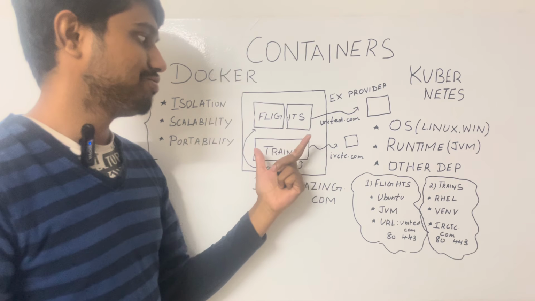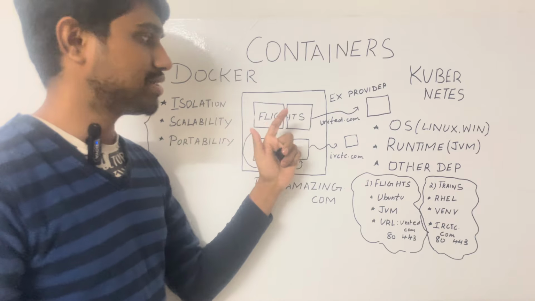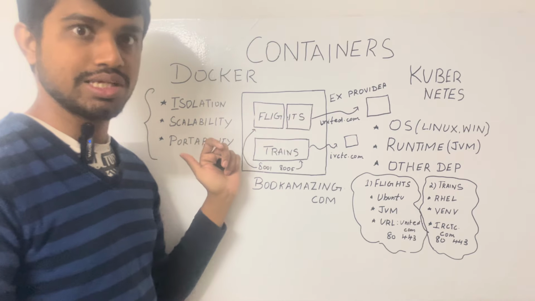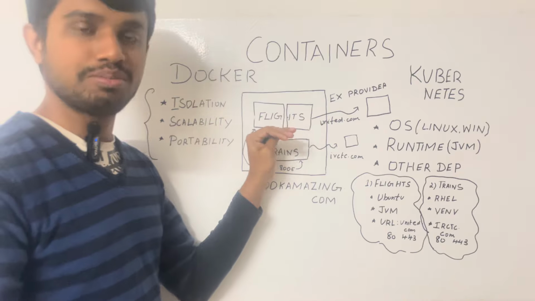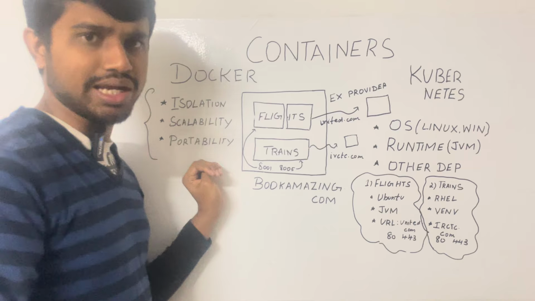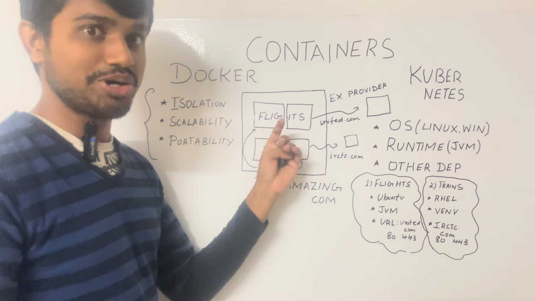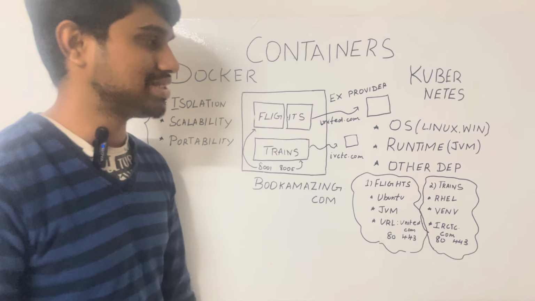It can also, for example, bring up new containers or new applications if it thinks that a lot of requests are coming in, and it can reduce the number of applications running if it thinks that it's a slow time now. So it can save your cost as well, right? It can do a lot of amazing things.